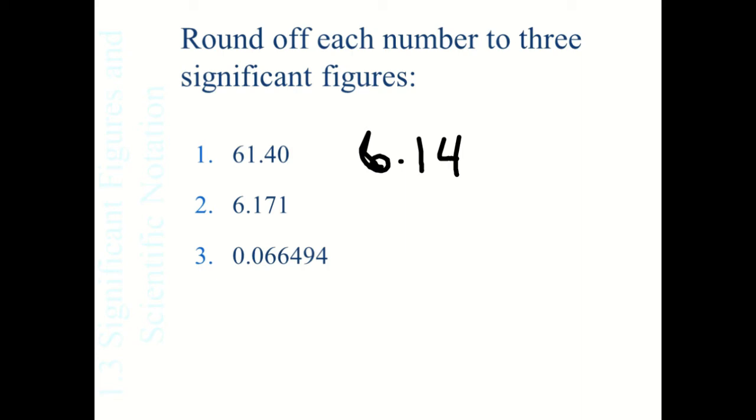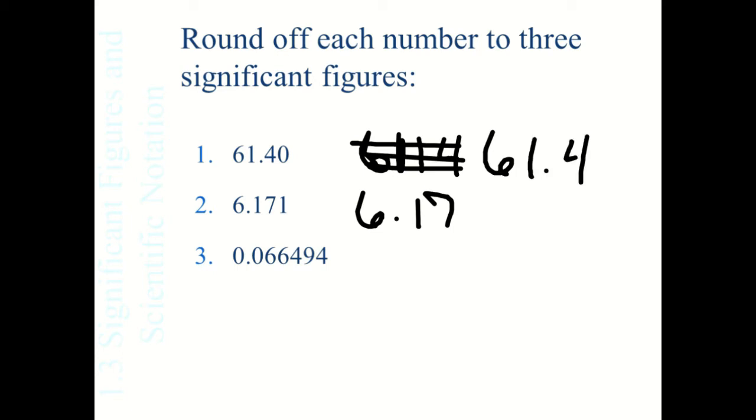Okay, I want to round this to 3 significant figures. What does it become? Good. Too many 6s and 1s and dots there. Okay. What's the next 3 significant figures for the next number?